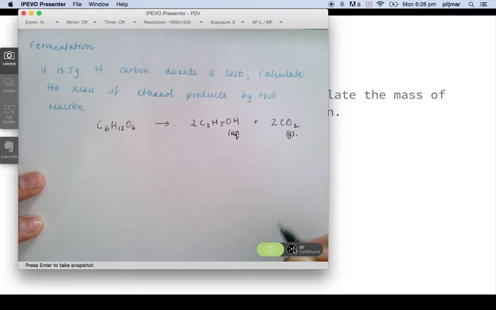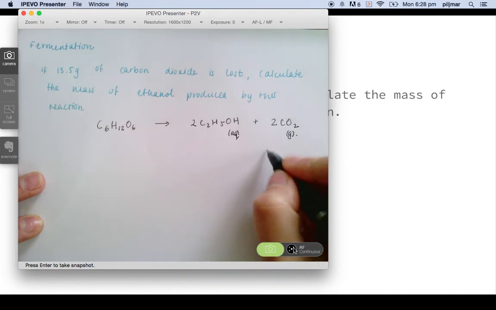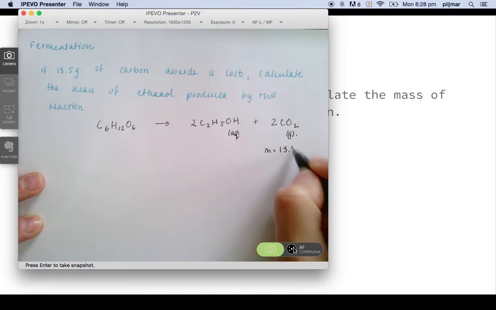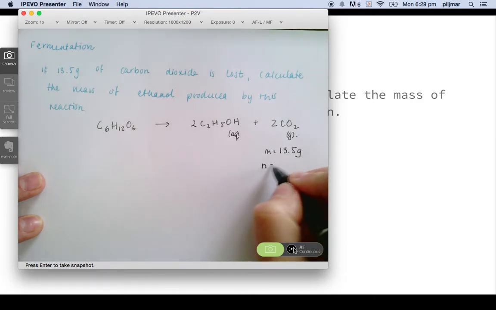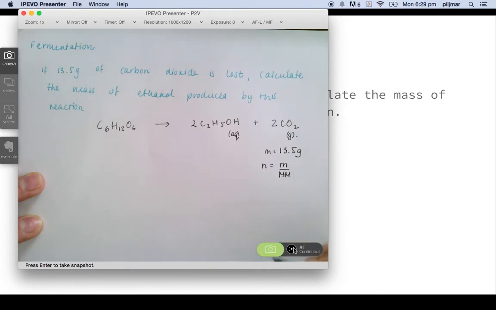If we've got 13.5 grams of carbon dioxide, I'm going to place this underneath the carbon dioxide in the equation, and what I want to do is calculate the number of moles. So we know moles is equal to mass over molar mass, amongst other equations. So we'd go 13.5 divided by 12.01, refer to your periodic table for this, plus 16 by 2.